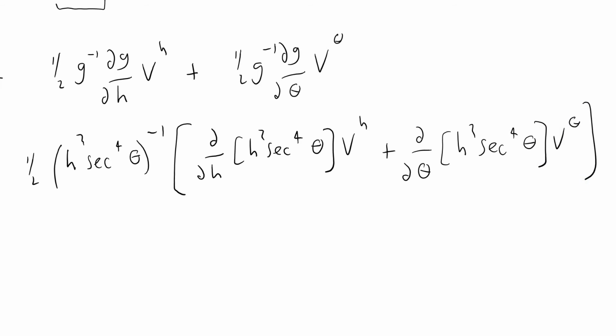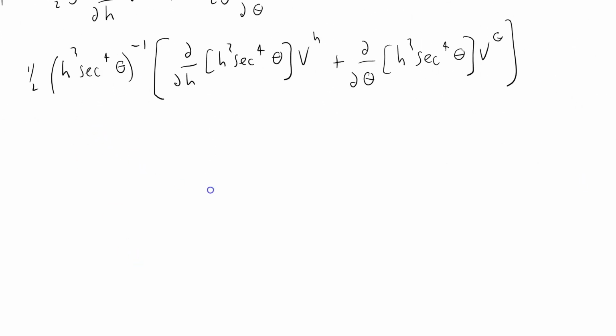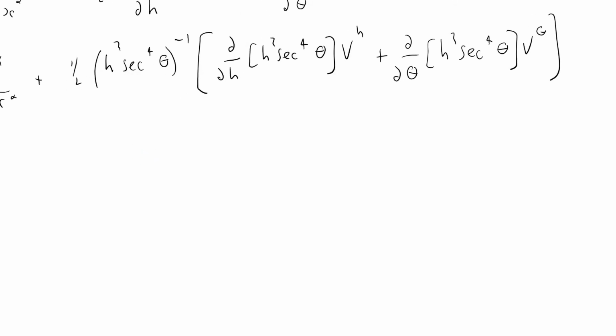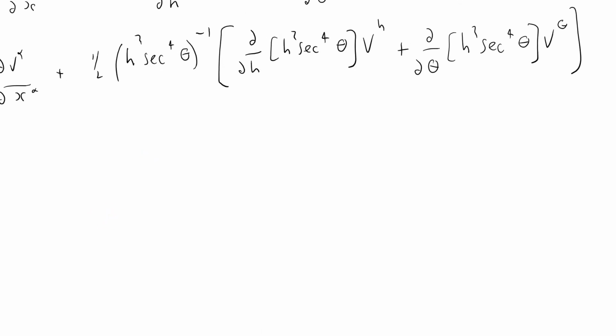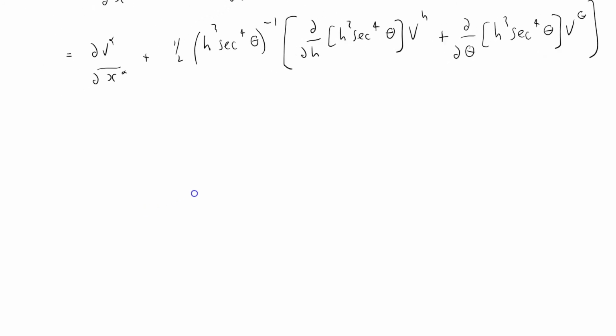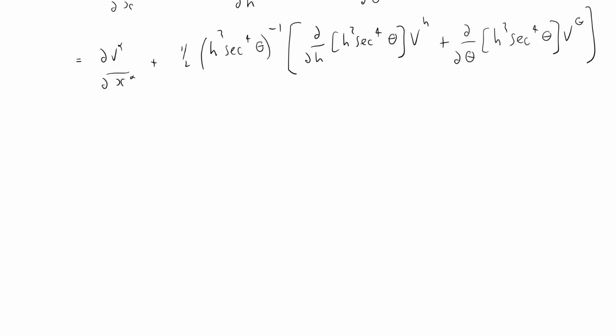Now that's not nice, but it's reasonably straightforward. It's not too bad, actually. I'm just going to simplify it a little bit more, and then I'll actually evaluate it for a real contravariant vector field in the next screencast.